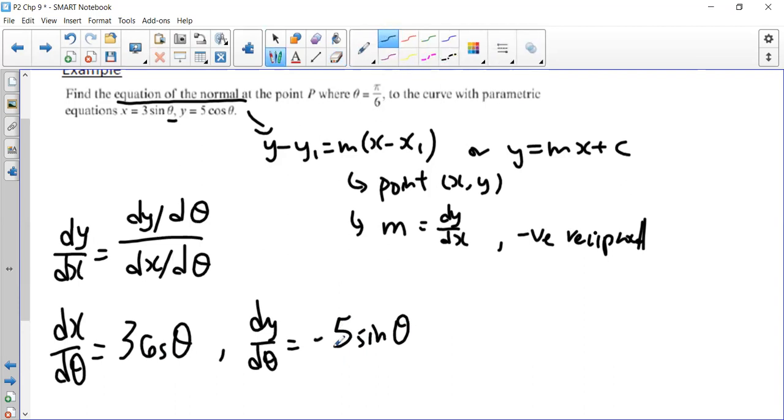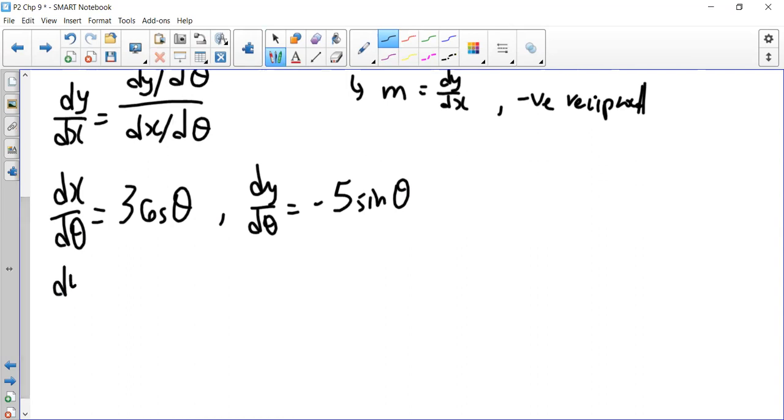Therefore dy by dx equals negative 5 sine theta over 3 cos theta.